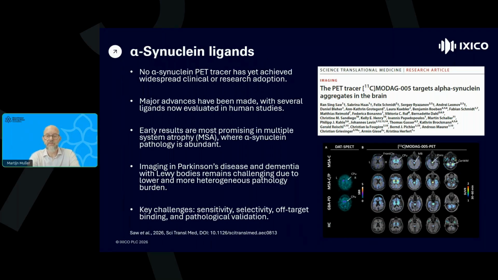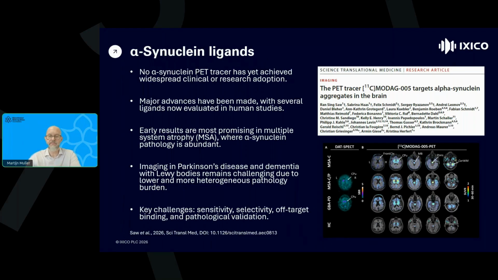Results have generally been more encouraging in multiple system atrophy, where alpha-synuclein pathology is abundant. Parkinson's disease and dementia with Lewy bodies remain more challenging because pathology is less dense and more heterogeneous.